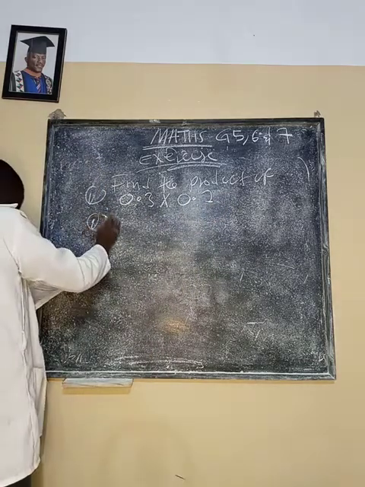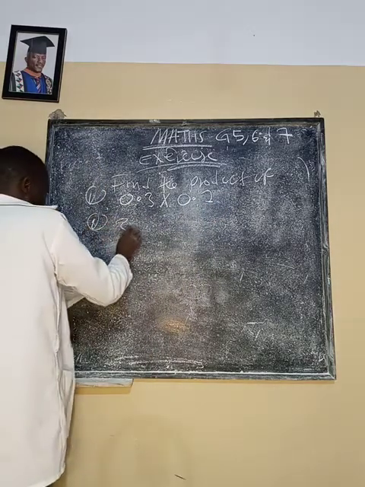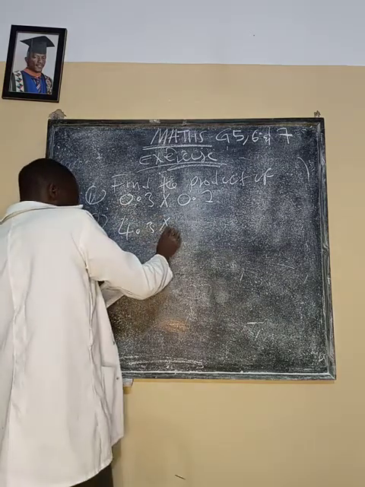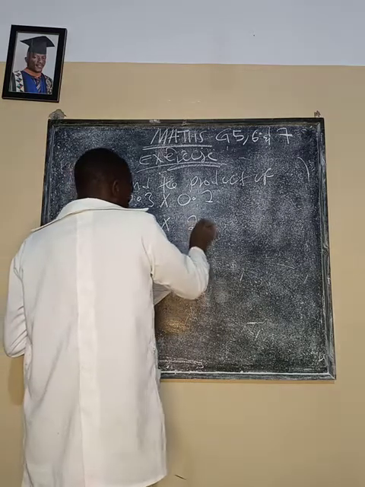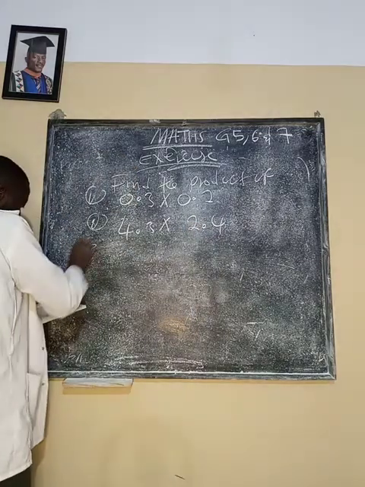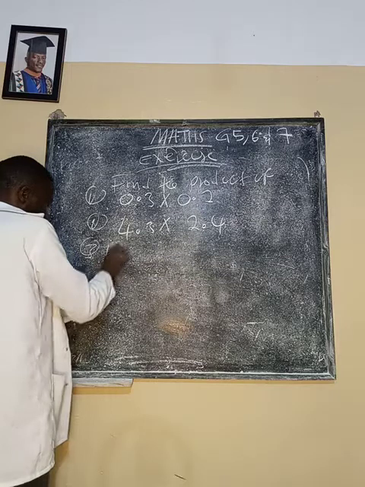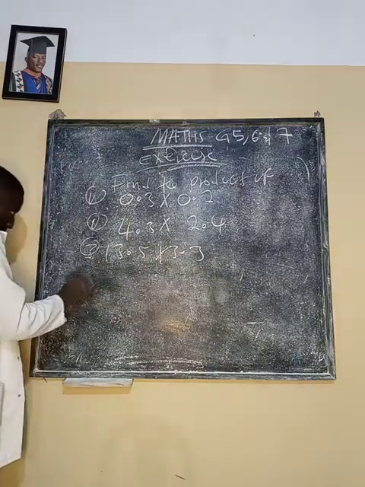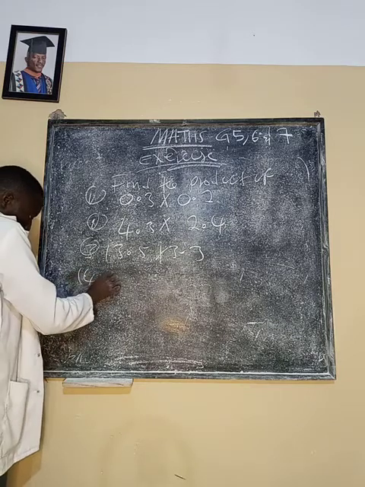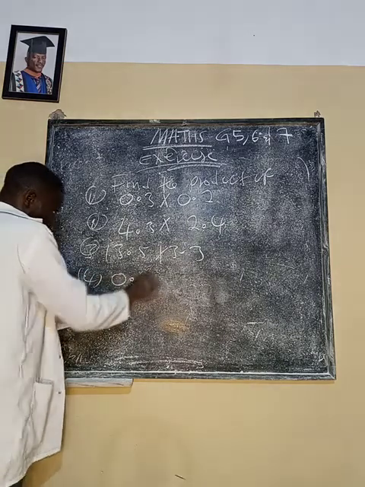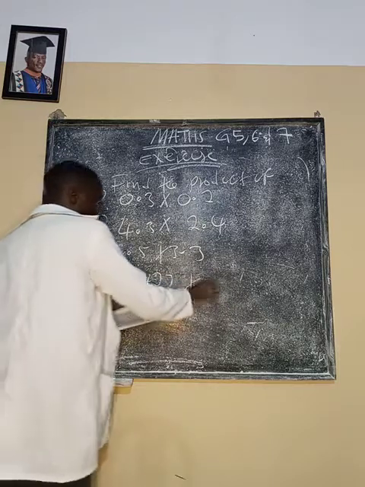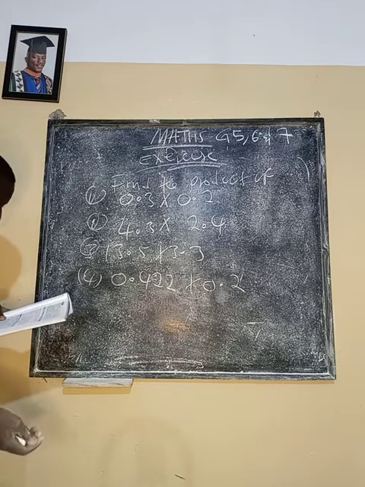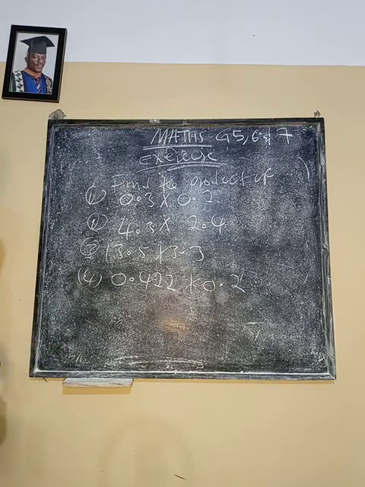Number 2, 4.3 times 2.4. Number 3 is 13.5 times 3.3. And then the fourth one, it is 0.422 times 0.2. Okay, so try these questions and let's see how you can work them.